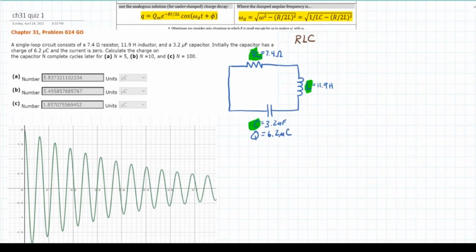Somehow, some way, this capacitor got an initial charge. So I do have some energy in this RLC circuit. All right. So now what happens? It says calculate the charge on the capacitor after 5 cycles.